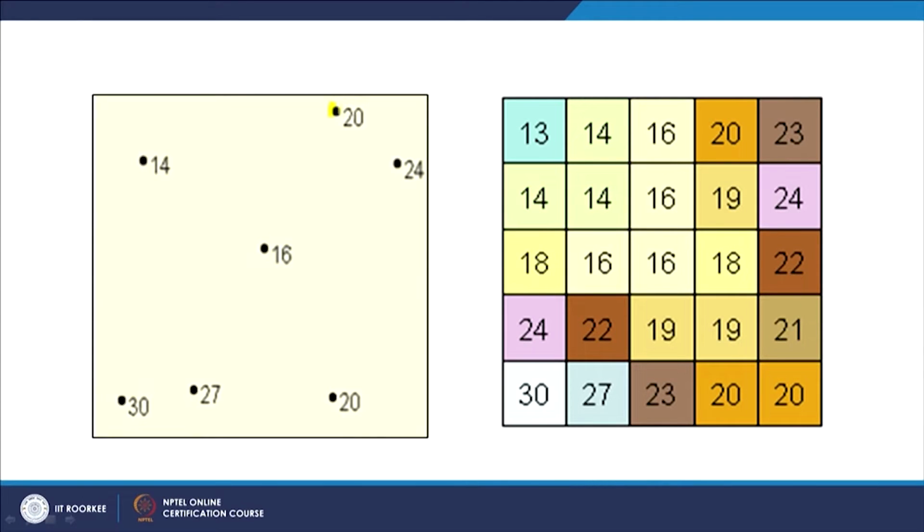Between this point and this one we do not have any information in between, but here, between a cell having 20 and a cell having value 16, I have these two cells in between. So, therefore, our raster or interpolated surface is a continuous surface rather than a discrete point or vector entity.